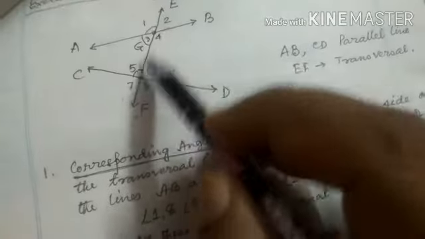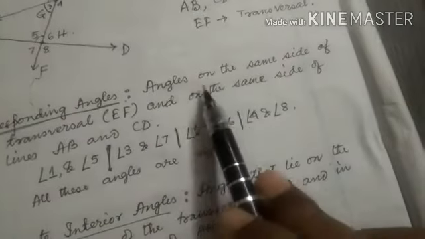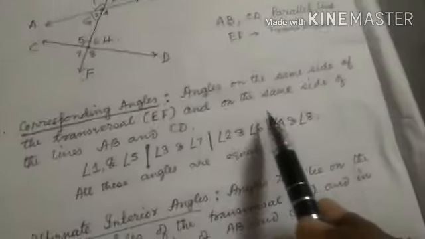Angle 1 and angle 5 are on the left side of the transversal EF. That is the same side. Angles on the same side of the transversal EF and on the same side of the lines AB and CD.